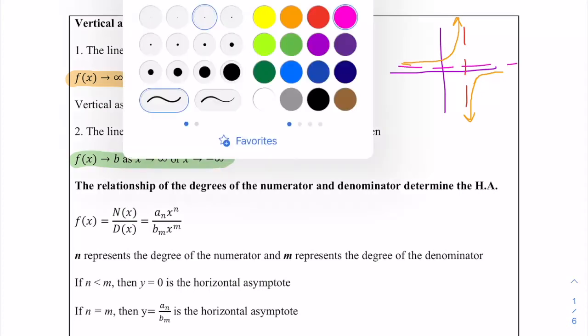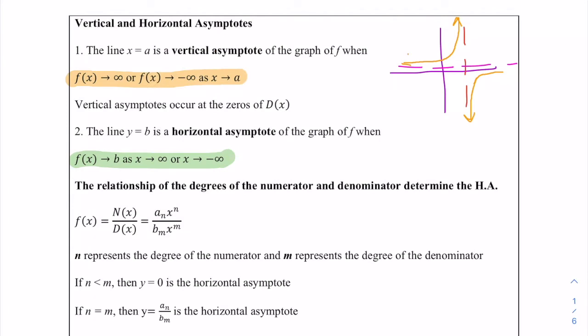So you can kind of see with this graph that as x is approaching negative infinity, it's getting very, very close to that line, that horizontal asymptote. And as x approaches positive infinity, it's again getting very, very close to that line.